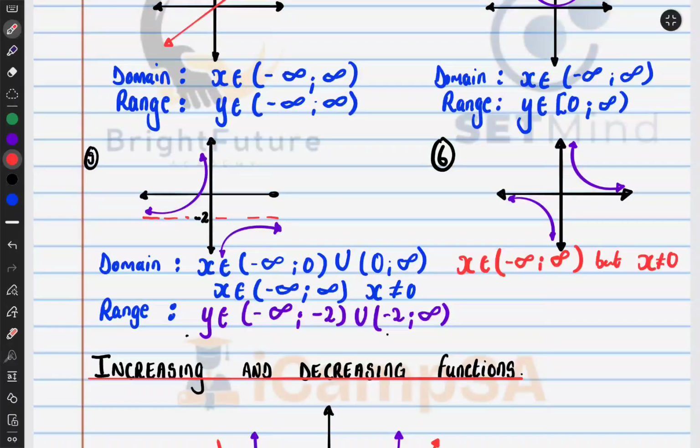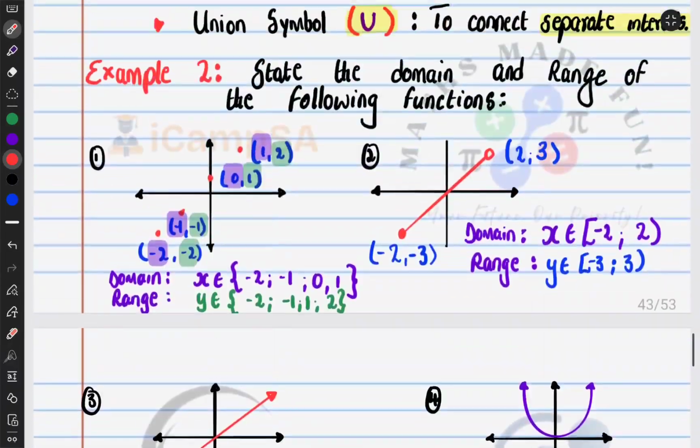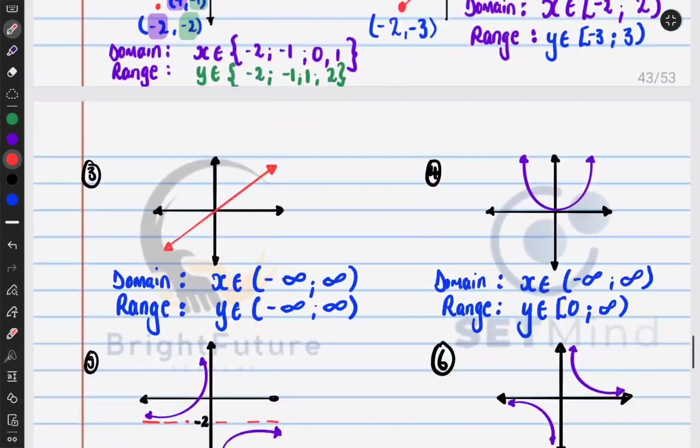And then for the range, once again, y is an element from negative infinity to positive infinity, but y can never equal 0.